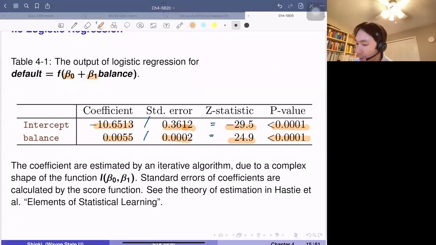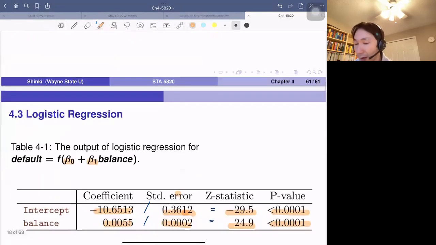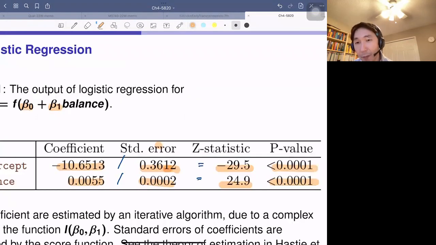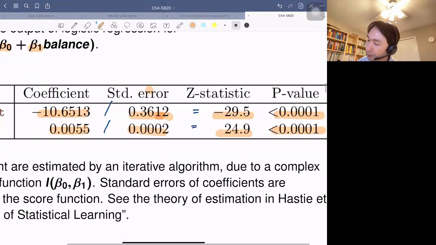Here, this ratio, the coefficient over the standard error, does not follow a t-distribution, because we are solving a highly nonlinear problem. We rely on the fact that if the sample size is large, the ratio goes to the standard normal.